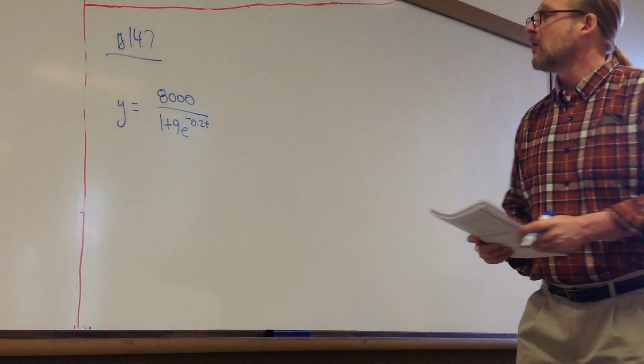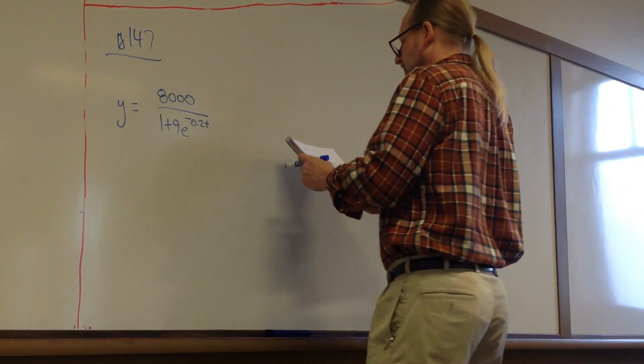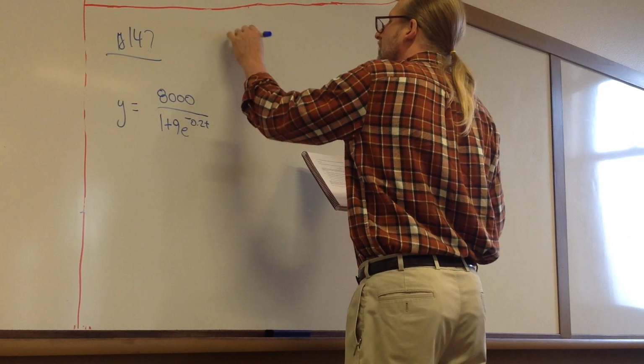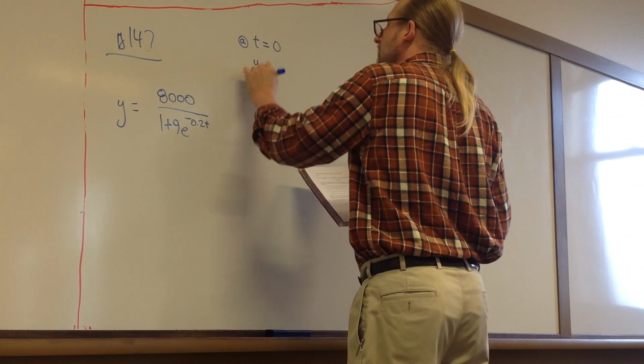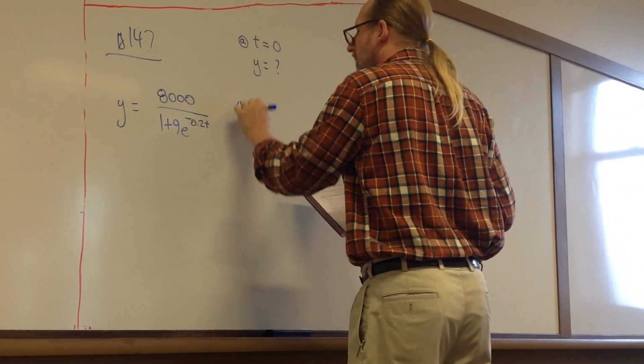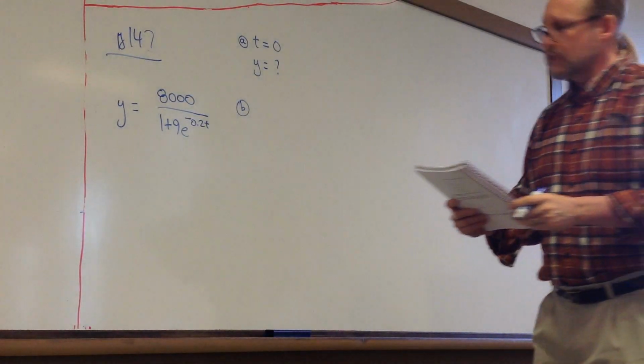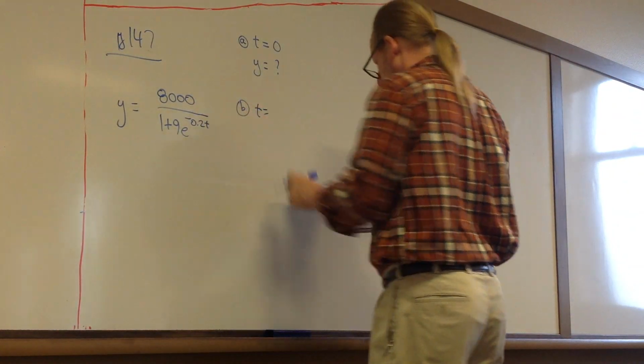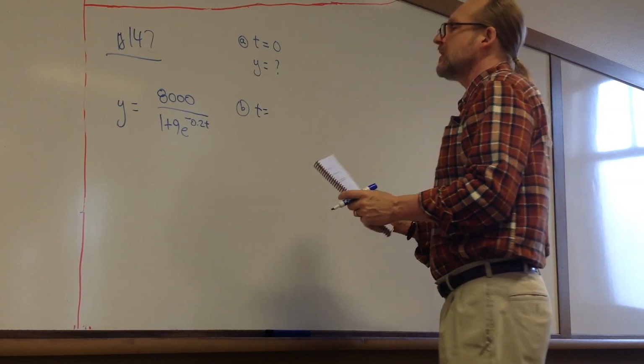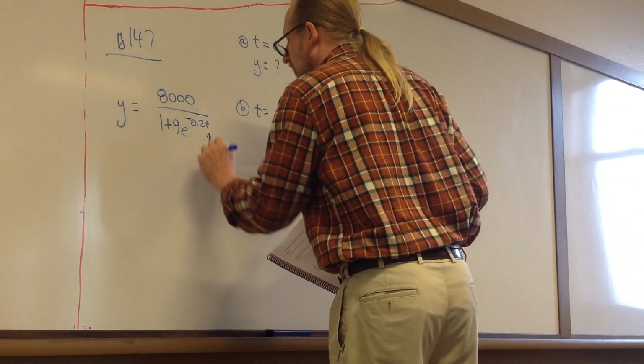All right, so question A says how many deer were in the initial population? That's t equals 0. Part B says what is the deer population after 10 years? Let's see. Our t is in years, okay?